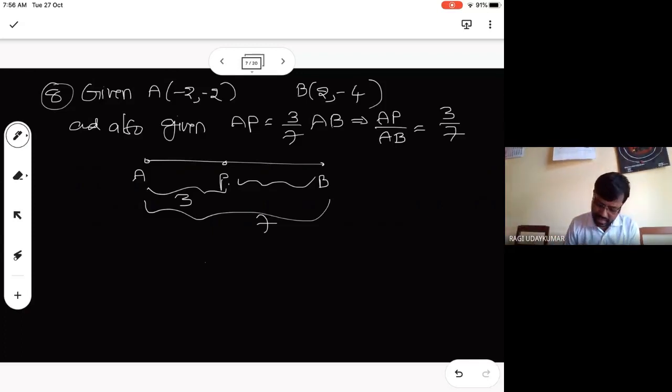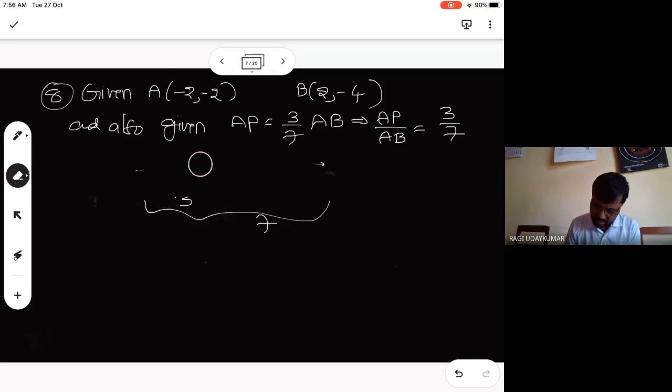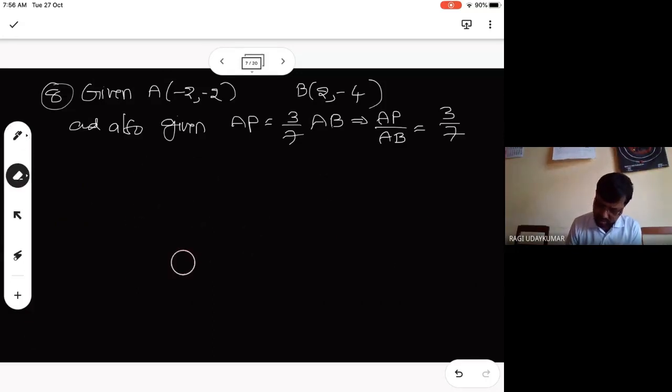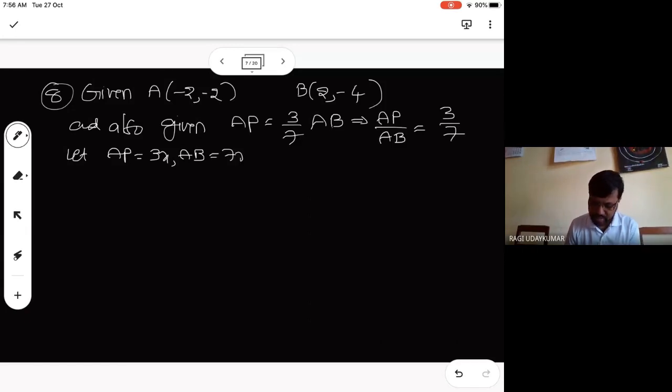And that can be written in another way. Suppose, whenever the ratio is given to you, let AP is equal to 3x, AB is equal to 7x. Whenever the ratio is given to you, any constant can be taken. Suppose you draw the figure here, A, B, P. We want PB.